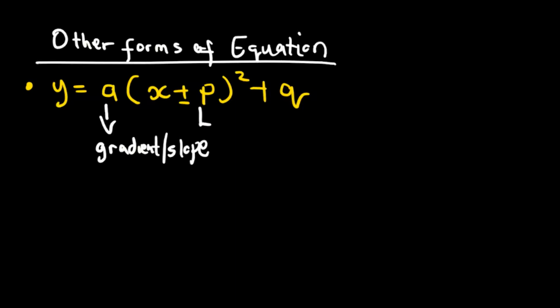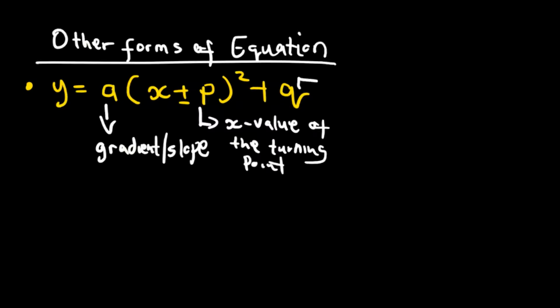And then this value here, it is the x value of the turning point. And this one here, it is the y value of the turning point, right?